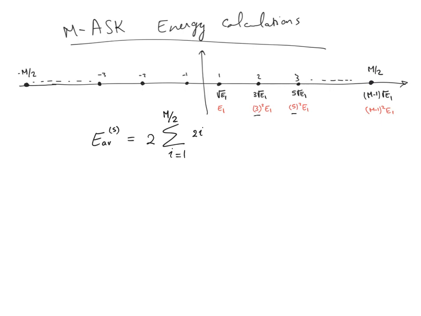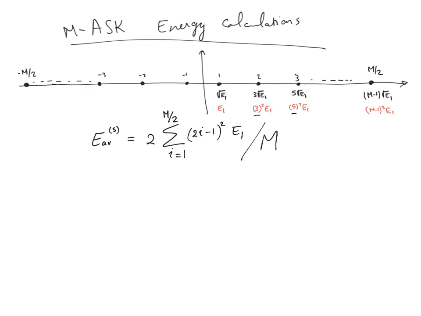So 2I minus 1, and then that number is squared and then multiplied by E1, right? And then this whole thing has to be divided by the total number of symbols, which is M.